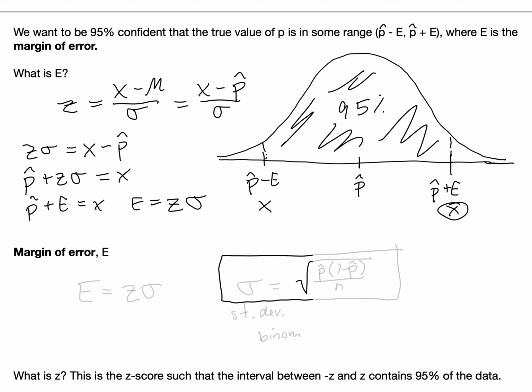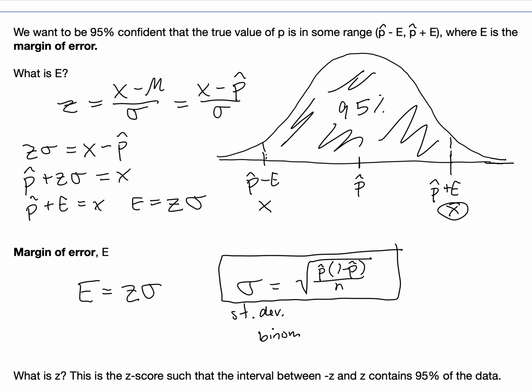So that means that our margin of error e is given by z times sigma, where sigma, the standard deviation for a binomial random variable, where we're talking about samples of size n, is going to be the square root of p hat, the sample proportion, times 1 minus p hat, divided by n, the sample size. So that is always going to be the standard deviation for how these binomial random variables are randomly distributed. So that is our standard deviation.